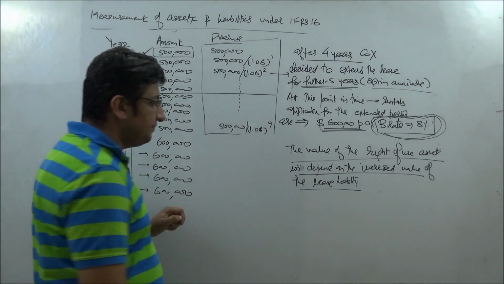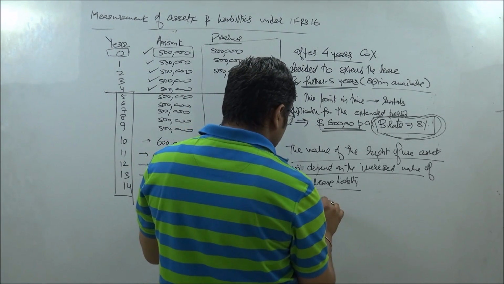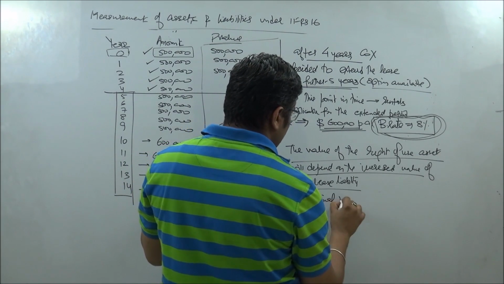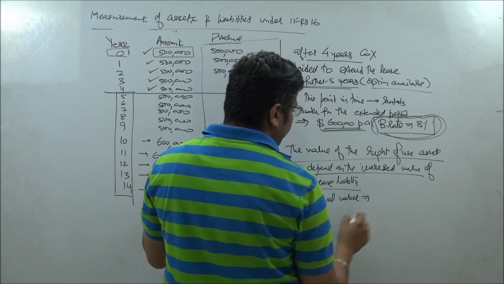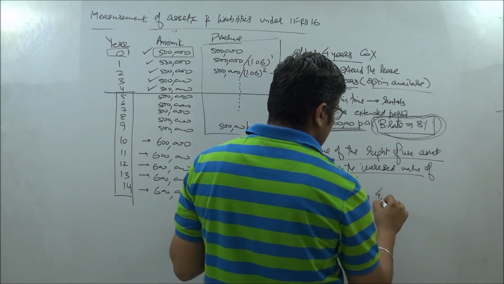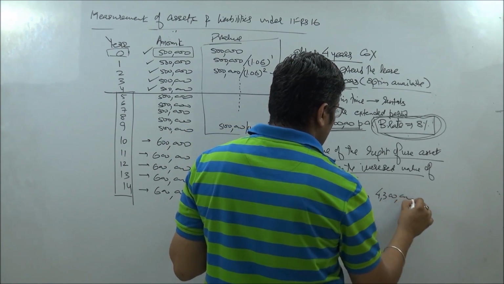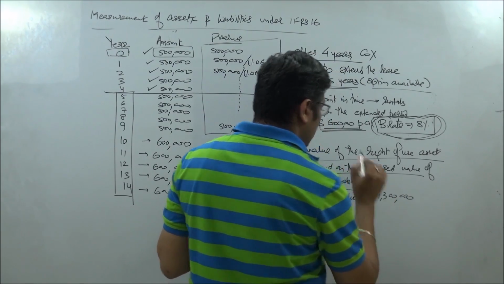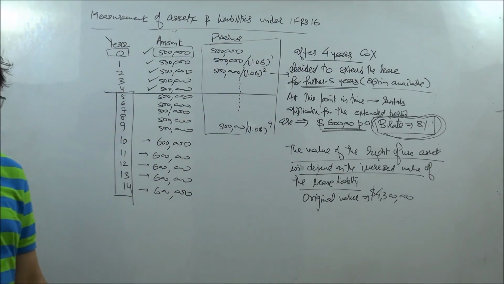We said that the original value of the asset was $4.3 million, right?